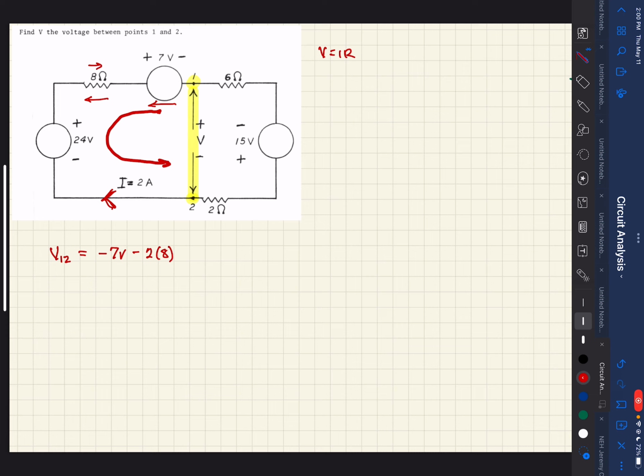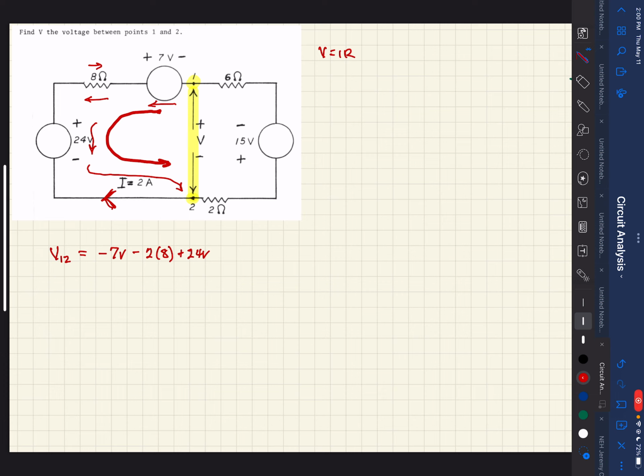So now we continue down our path, and now we come into this voltage source, and we encounter the positive terminal first. So then this will be a plus 24 volts. And after that, we don't run into anything else until we get to our second point.